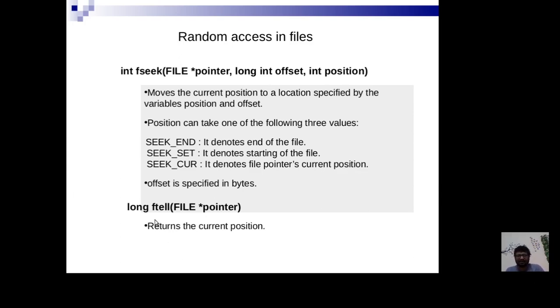And long ftell, so ftell is a function that returns the current position. So if you have opened a new file and read 2 characters, then if you invoke ftell on the pointer pointing to the file you are working on, it is supposed to return 2. So let's see an example.